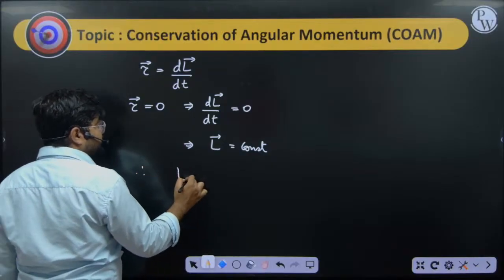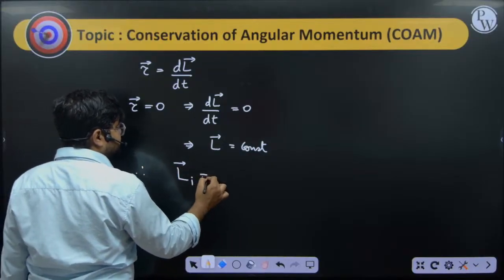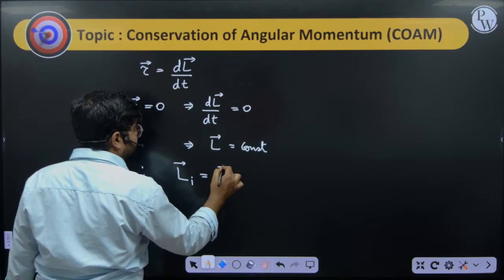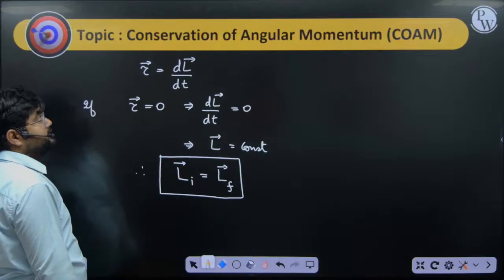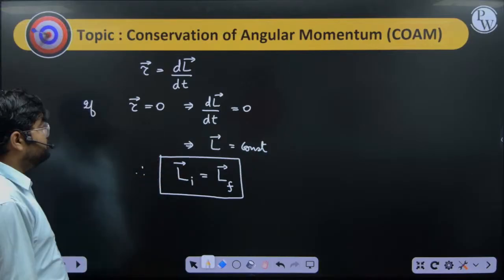Therefore, initial angular momentum is equal to final angular momentum, and this is known as conservation of angular momentum.